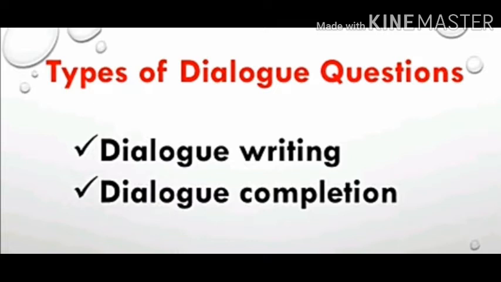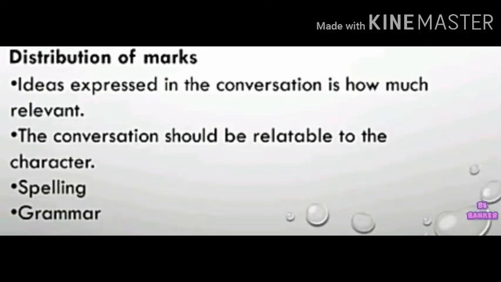If you look at the distribution of marks, meaning the criteria for distributing the marks: first, how relevant the ideas expressed in the conversation are. Second, the conversation should be relatable to the character. You have to keep the characters in mind, plus the ideas. According to whatever the question asks, your dialogue should be relevant to the topic.